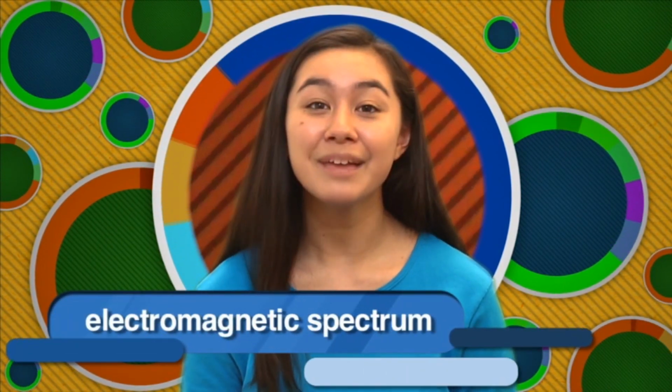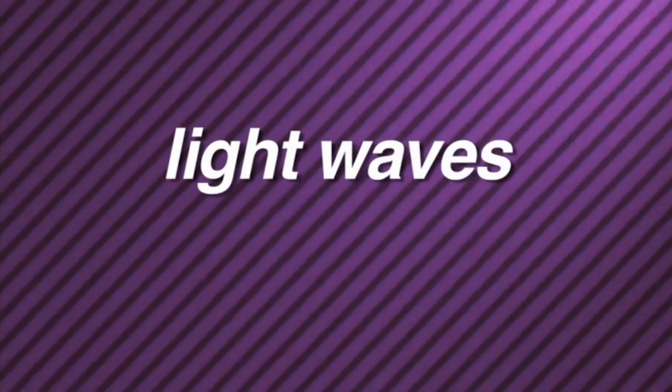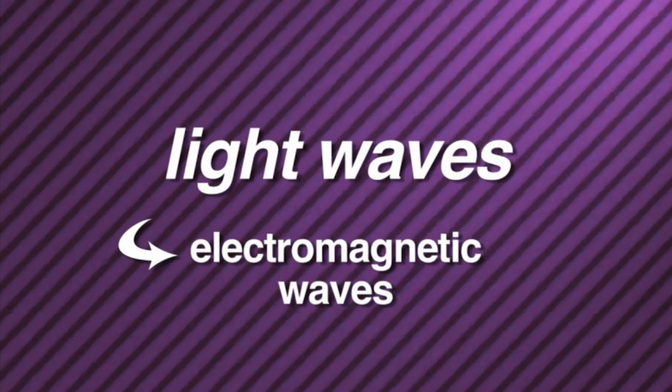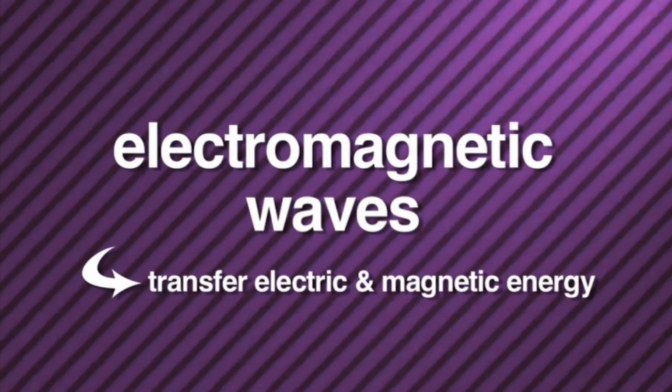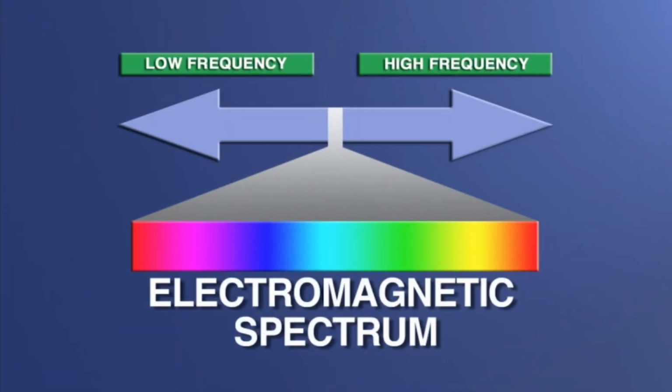Let me explain further. Light waves are a special kind of waves called electromagnetic waves. Electromagnetic waves transfer electric and magnetic energy, and those waves are part of something called the electromagnetic spectrum. That's the name for the range of electromagnetic waves in order of frequency.